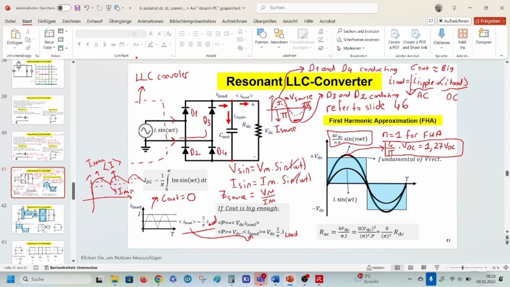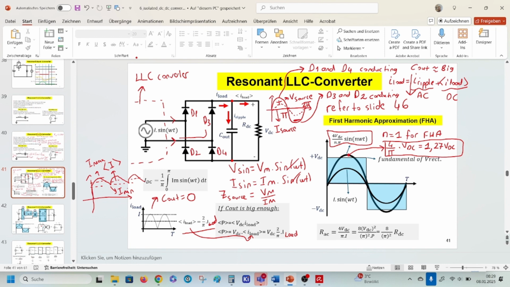This is an approximation, that means it's not really the real case in the real application, but mathematically we can define the relation between input and output by using first harmonic approximation.